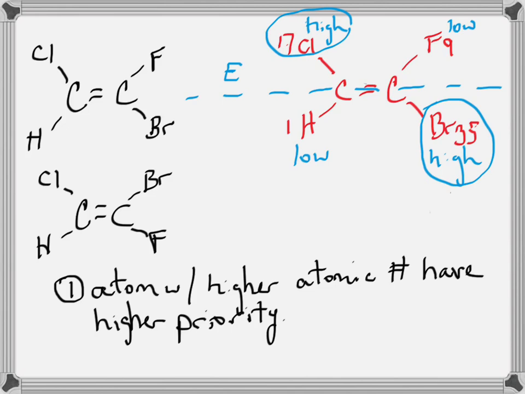If we look at the second structure down there that we have, you can see we already know that chlorine is the high on the one side and bromine is the high on the other side.